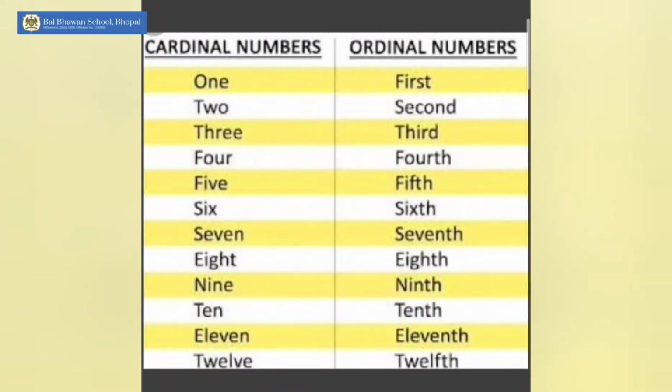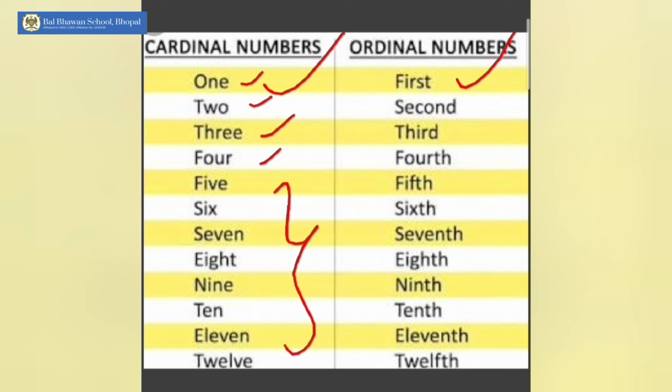Remember, while writing fractions in words, we always have to write them using cardinal and ordinal numbers. So the numerators will be written as one, two, three or four and so on, and the denominator will always be written in ordinal numbers like second, third, fourth, fifth, sixth, seventh, eighth and so on.